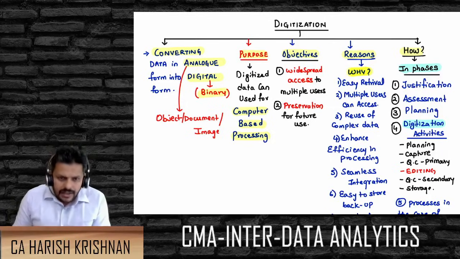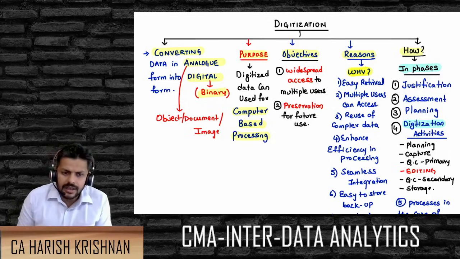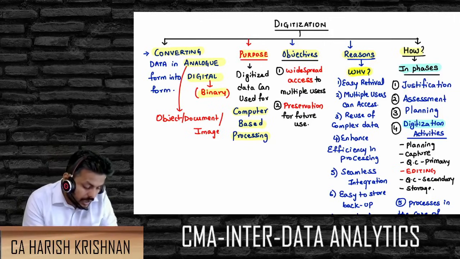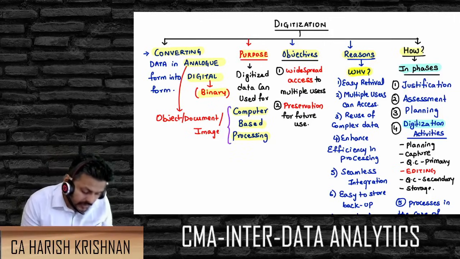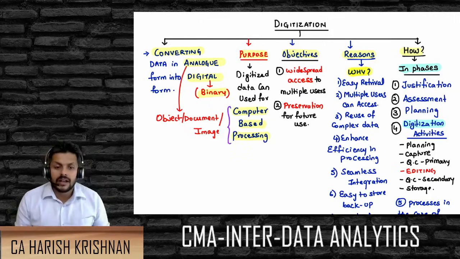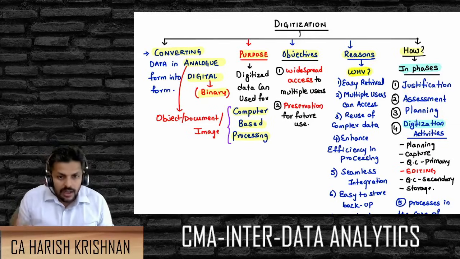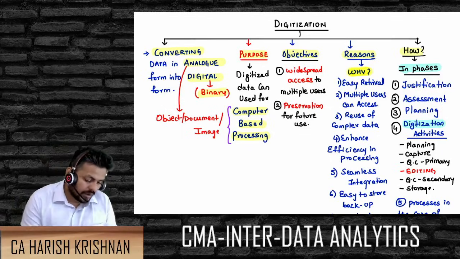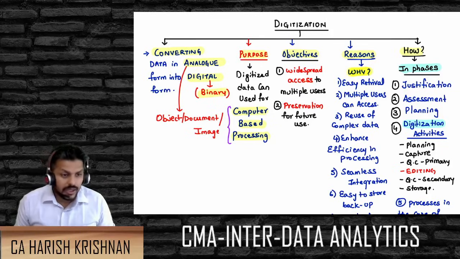Now the best part about digital data is that it is used for computer-based processing. Digitized data's main purpose is computer-based processing, and two of the main objectives are these. If you are keeping analog data, it will be in one place only. If I have to get access to it, I have to go there.